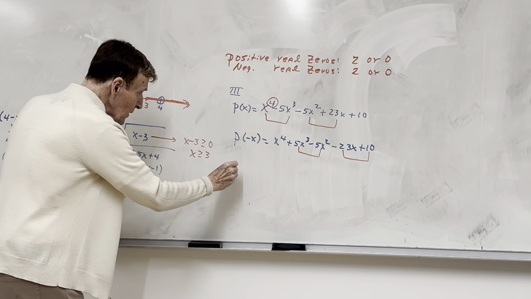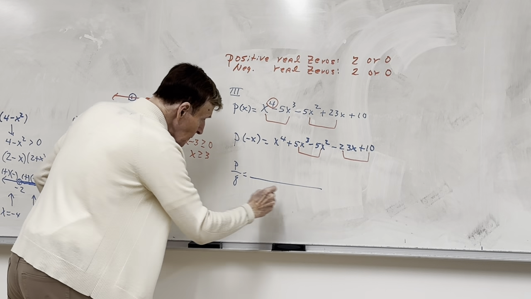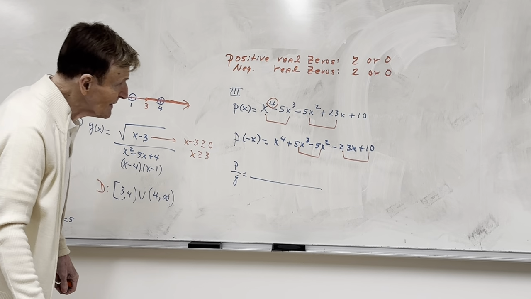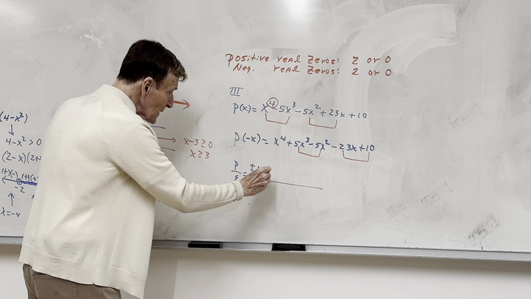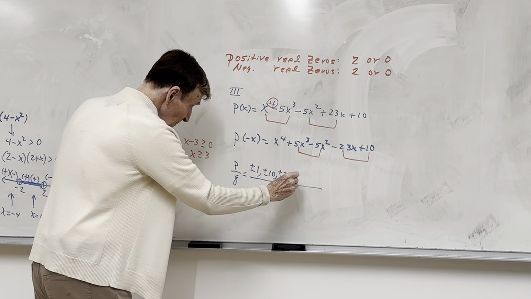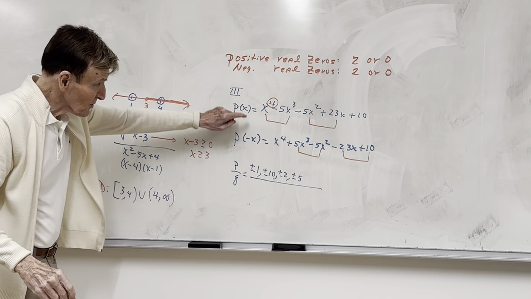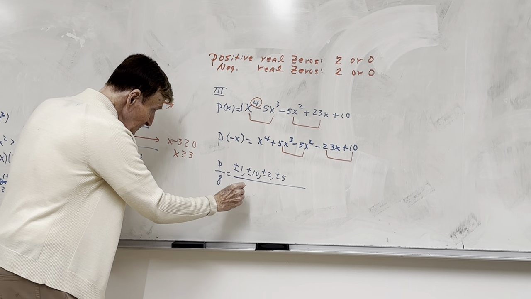So guys, P over Q, where the P should be a factor of my constant term, which at the end there looks like a 10. So let's write the factors as plus minus 1, plus minus 10, plus minus 2, plus minus 5. The Q factors of my leading coefficient, understood to be a 1, so it's plus minus 1.